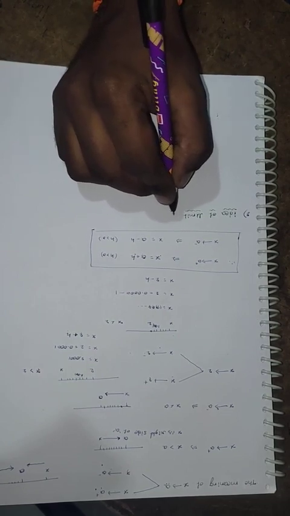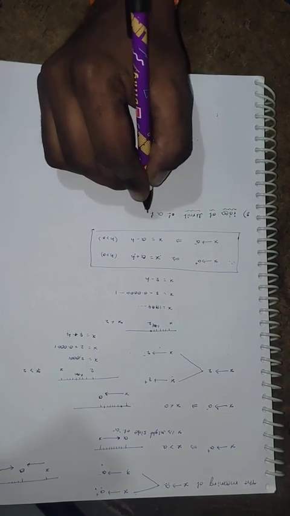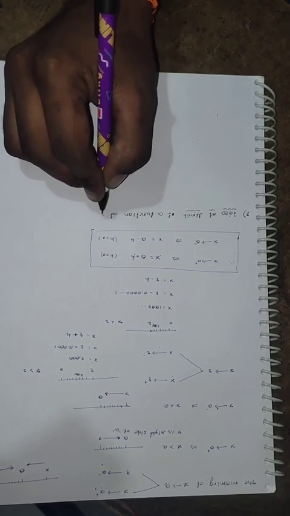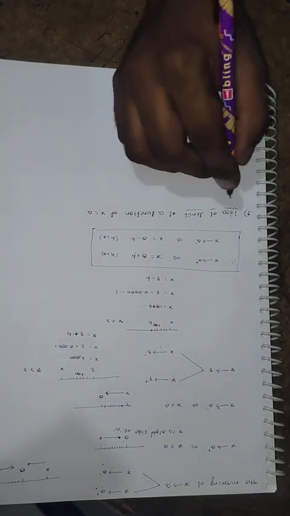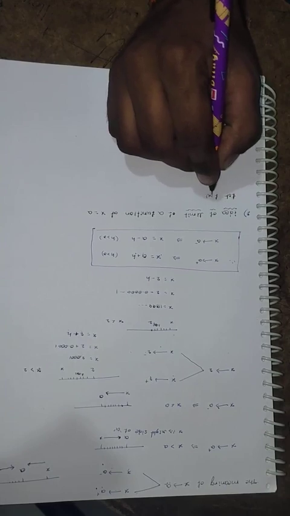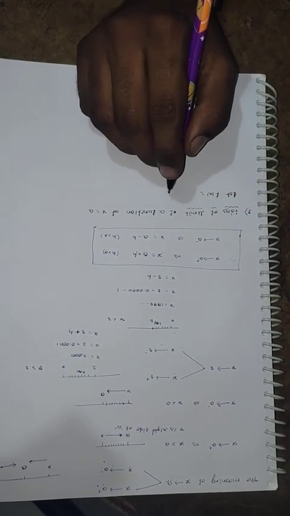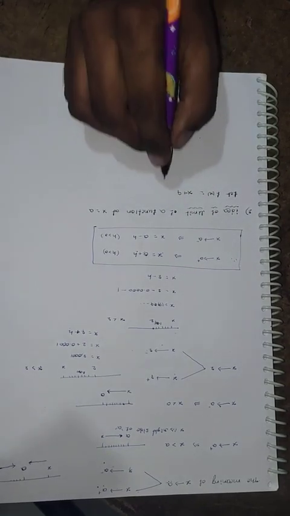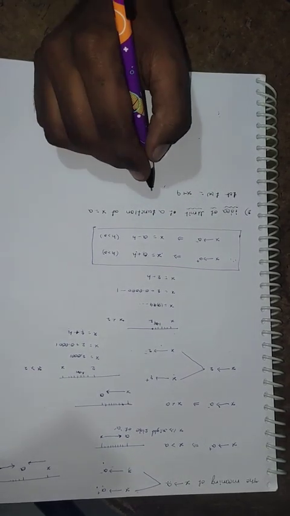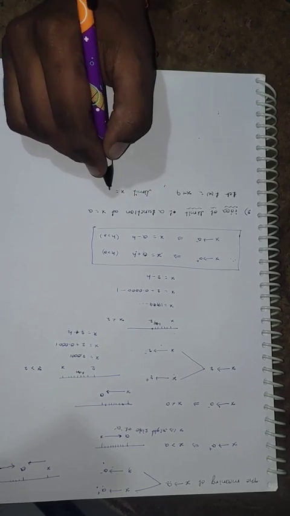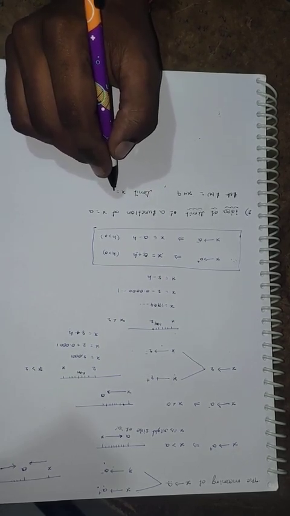For any function at x is equal to a, suppose, just for example, I take f of x is equal to x plus 9. I need to check this limit at x is equal to 4.